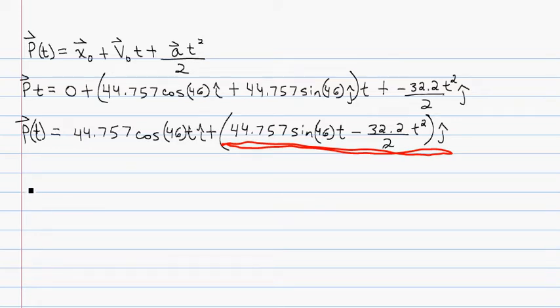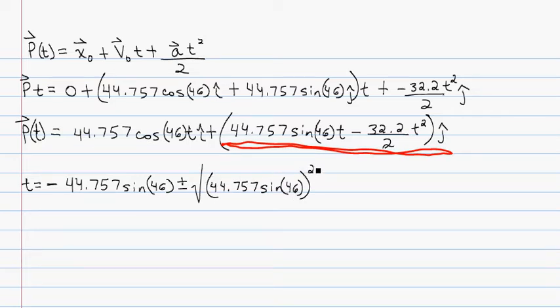So we would have t equals negative b, the corresponding b would be 44.757 sine of 46 degrees plus or minus the square root of b squared, 44.757 sine 46, that entire thing squared, minus 4 times the a, that would be this one right here.